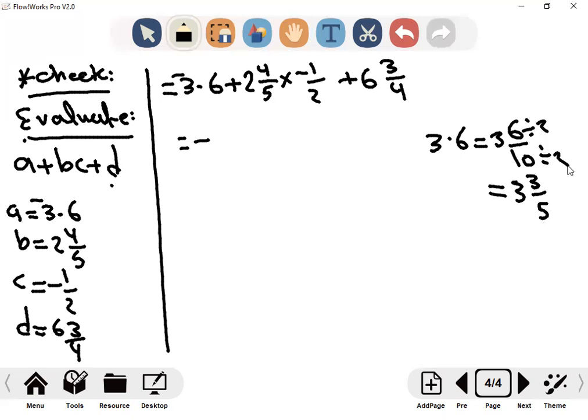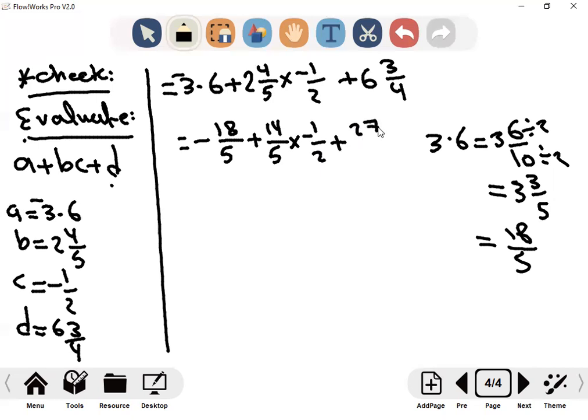So let's turn it to a fraction altogether: negative 18 over 5, plus fraction 14 over 5, multiply negative 1 over 2, plus fraction 27 over 4, right? What I did here, I turned the decimal and the mixed numbers all to be fractions.